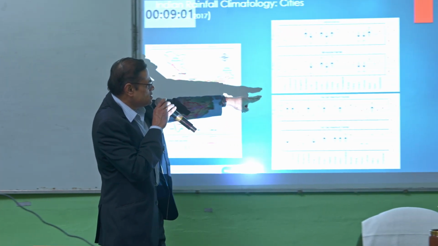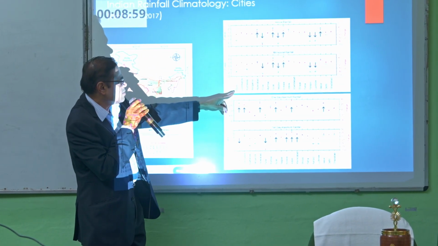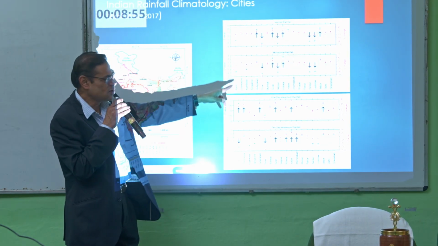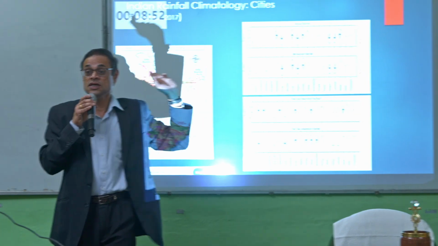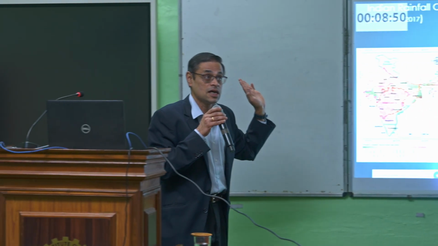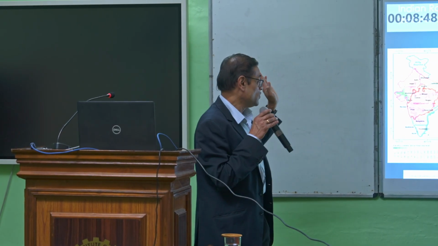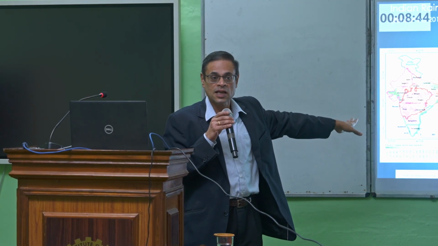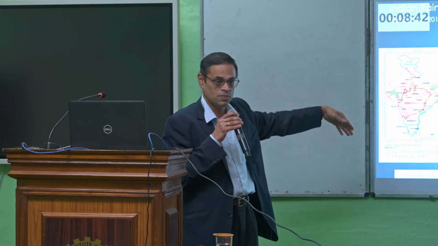Basically, if you look at some cities, Kochi, for example, right, monsoon rainfall, there is a declining trend that we saw based on historic records. This is from 1900 to 2015 or something, 115 years of IMD record. Basically, it's observed precipitation that we used.